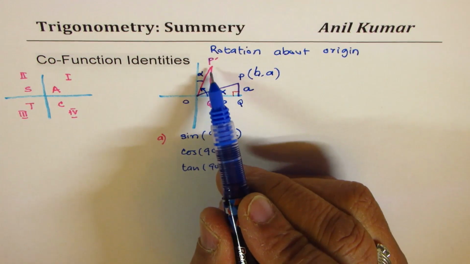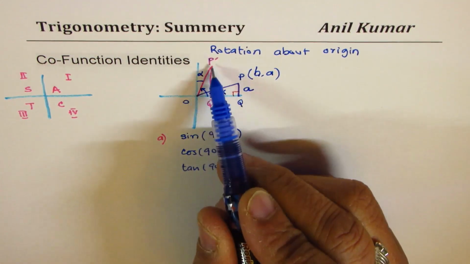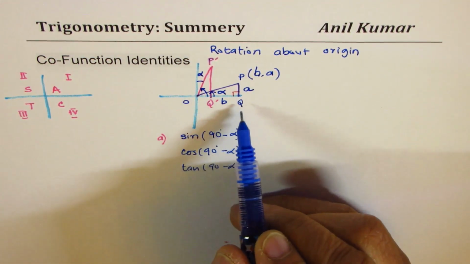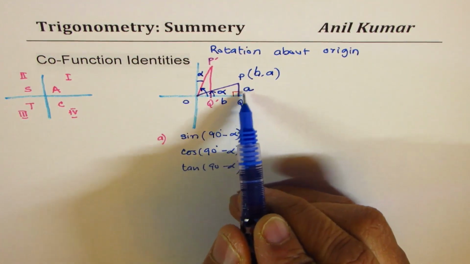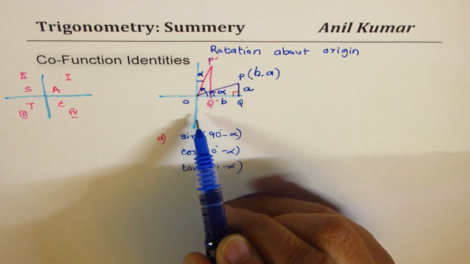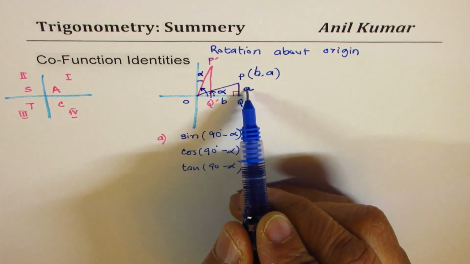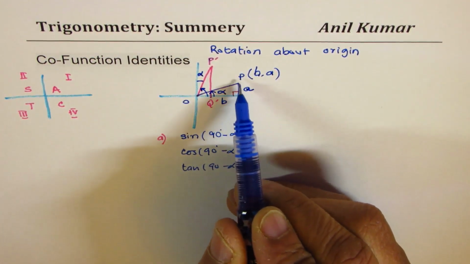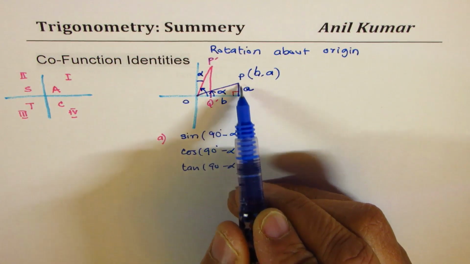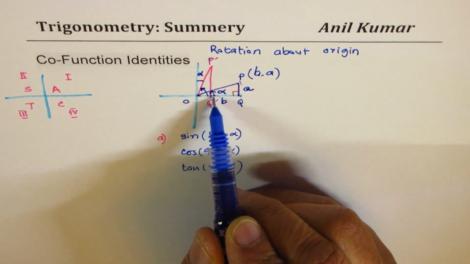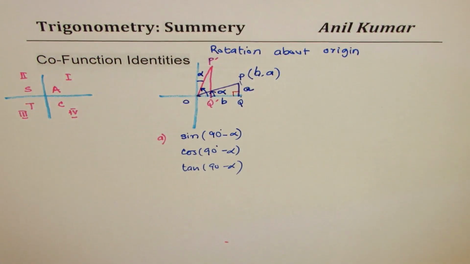So when you consider the triangle OP dash, you will see that the length A and B has changed its position. The side which was opposite, which is A in this case, PQ, that length has come as an adjacent. Do you see that?